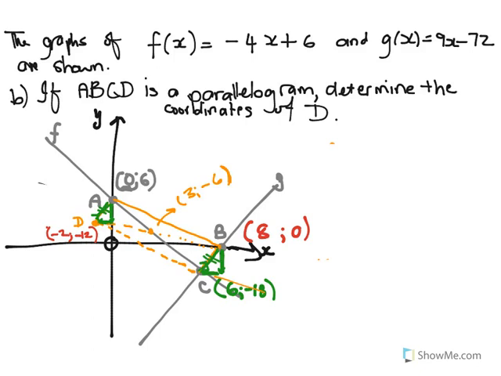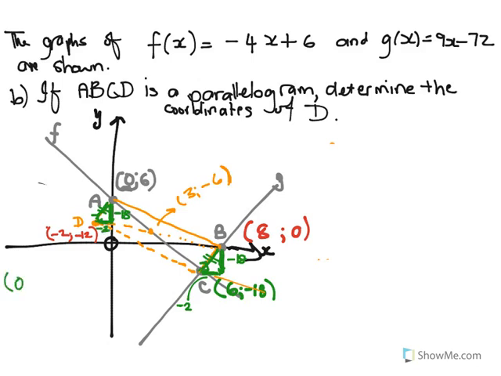So to go from B to C, I'm dropping 18 units and I'm running 2 units backwards, right? That's how I'm going from B to C. And so that means to go from A to D, I'll also need to drop 18 units and run backwards 2 units, right?